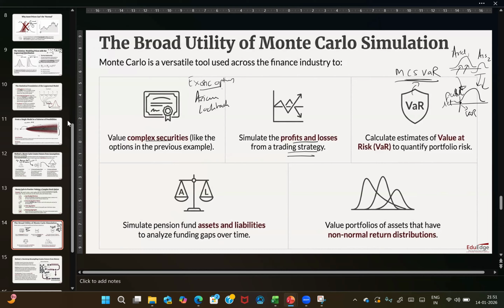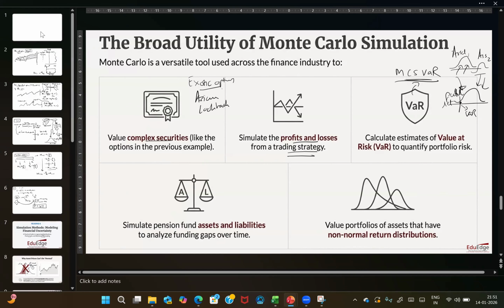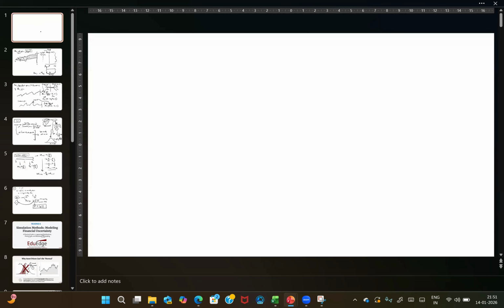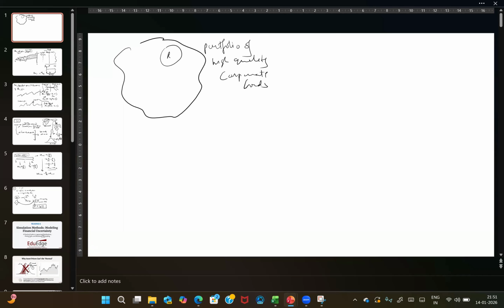A classical example of this is, suppose I tell you that you have a portfolio of high quality corporate bonds. Suppose in this portfolio you have Reliance, you have Adani.